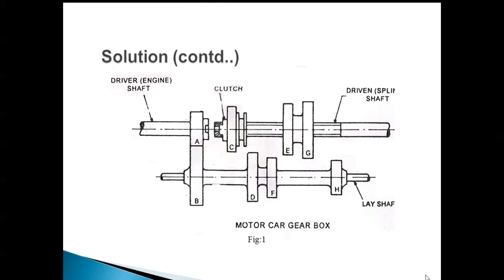To get the third gear, E and F will be disengaged and C will come in contact with D. Then the power is transmitted from A to B, and D to C.